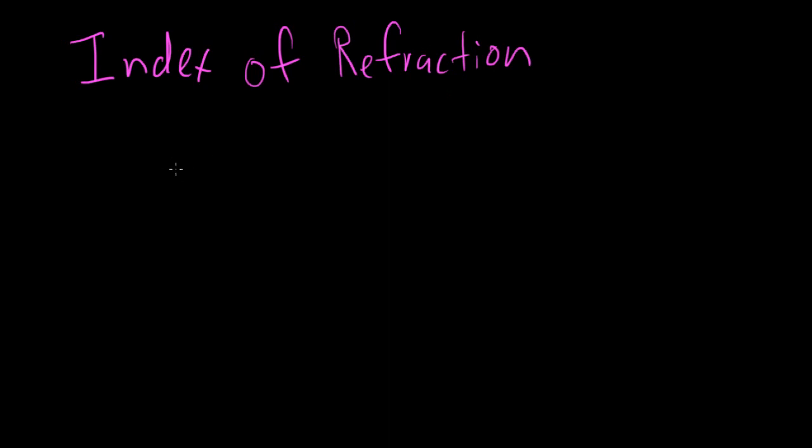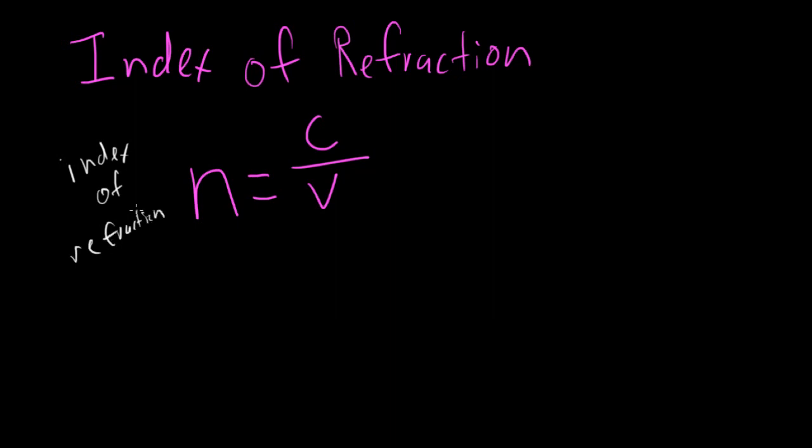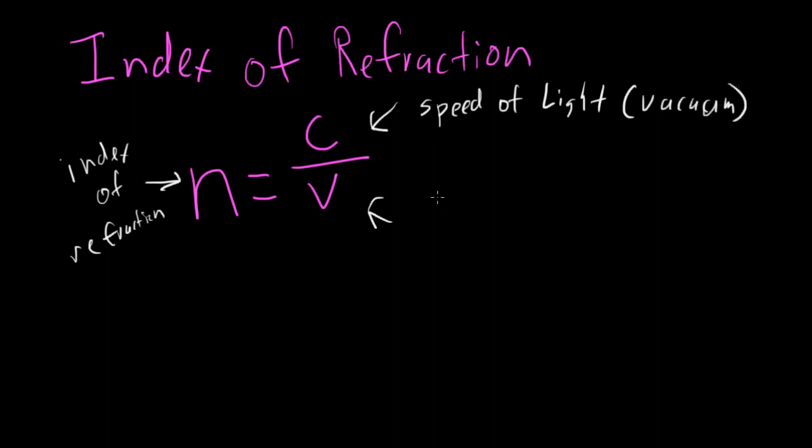The index of refraction is given by this formula, n equals c over v, where n is the index of refraction. c is the speed of light in a vacuum, and v is the speed of light in whatever medium we're talking about.